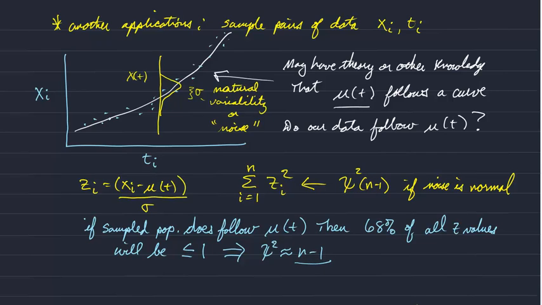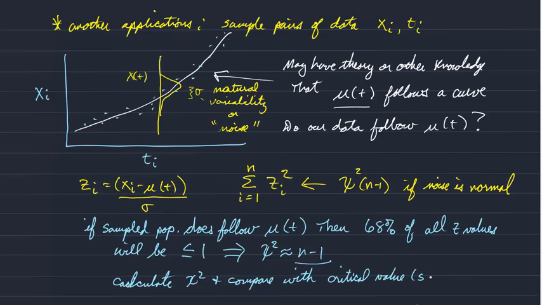So one way to statistically test whether our sampled population is heavily influenced by this curve is we could calculate our chi-squared variable and compare with our critical value or critical values, and a critical value for chi-squared, for example, would be based on our significance level and number of degrees of freedom.